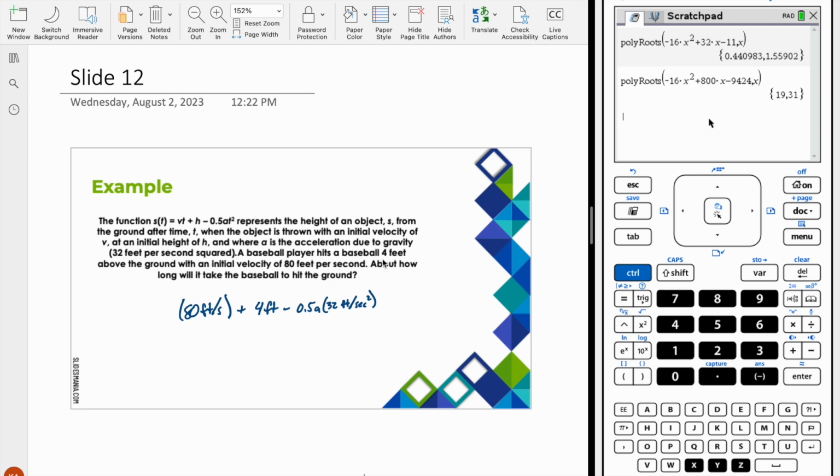Remember, the baseball player hit it 4 feet in the air, minus 0.5 at squared. Keep in mind, that would be the initial height and gravity of that equation, which would be 32 feet per second squared.